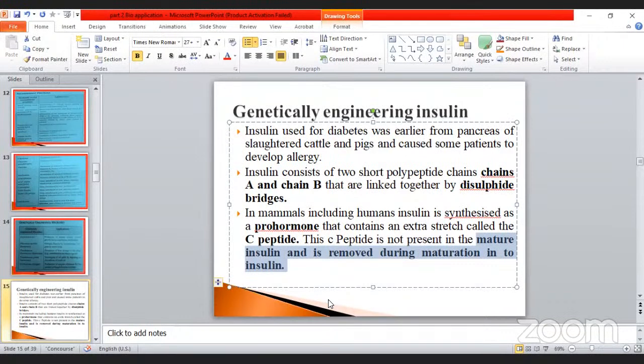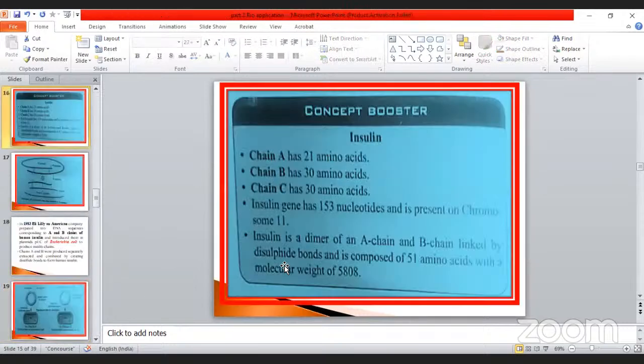If it is a mature insulin molecule, it does not have the extra stretches. So proinsulin is converted to mature insulin by the removal of the C-peptide. That is very important, my dear. See that concept booster; you should note it down.